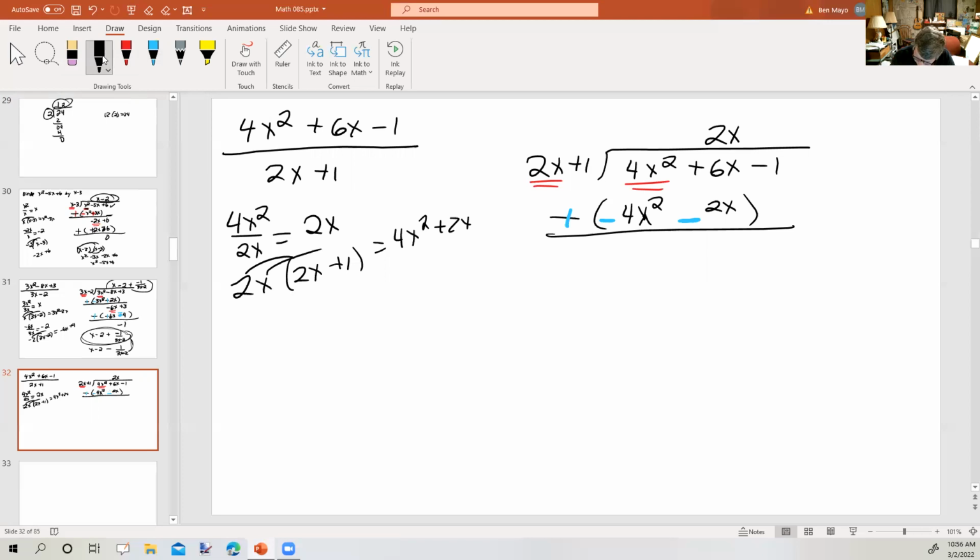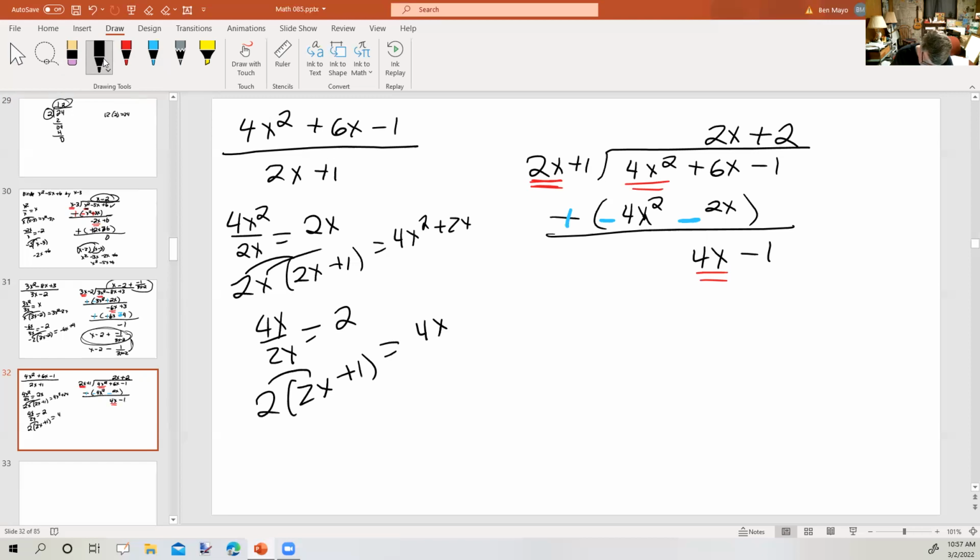4x squared plus negative 4x squared is 0x squared. 6x plus negative 2x is 4x. Bring down the next term, the minus 1. Start the whole process over. Leading term inside divided by leading term outside. 4x divided by 2x is a positive 2. We take the 2 times the 2x plus 1, and we get 4x plus 2, which we write there.